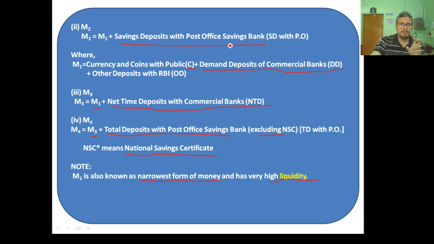Now with savings deposits with the post office, you can withdraw your money only by going to the post office. But take the case of savings deposits with commercial banks, which are included in M1. We can withdraw that money using ATM cards, or even use those ATM cards to make payments directly at shops or shopping centers. So it serves the purpose of money itself.